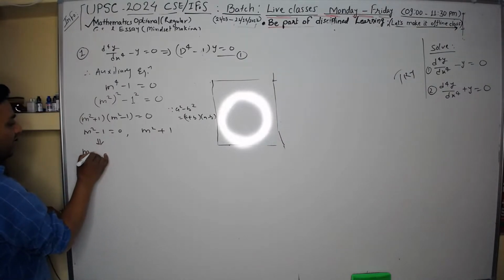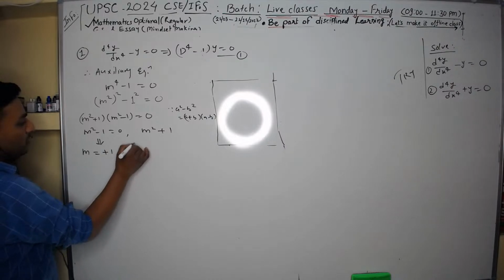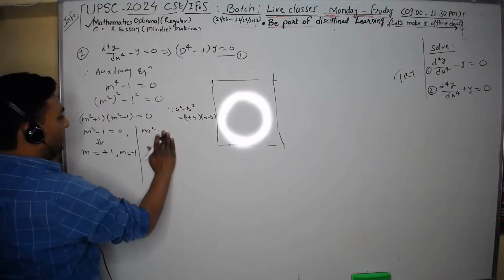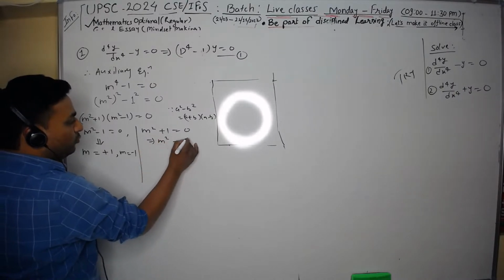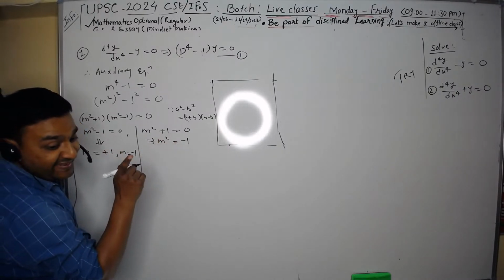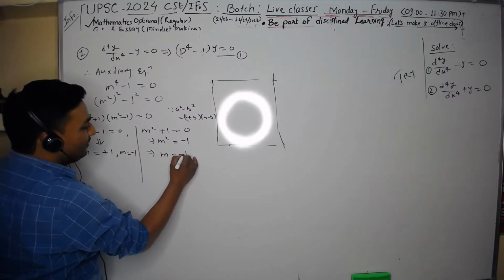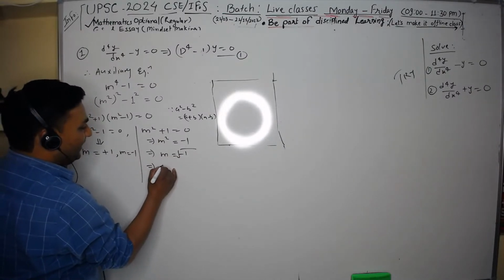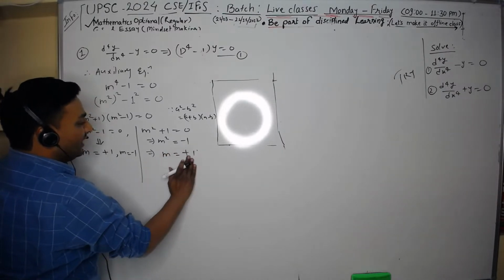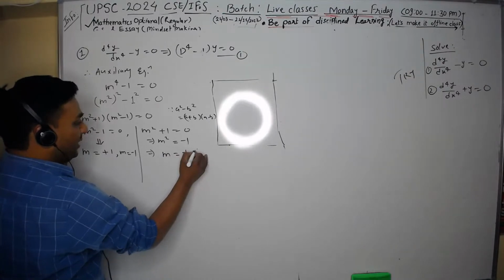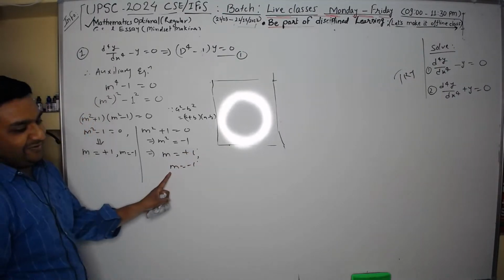This will imply m equals to plus 1, m equals to minus 1. This will imply m square equals to minus 1. So m equals minus 1 का square root, and that is plus minus iota. So m का value plus iota and m का value minus iota, right?